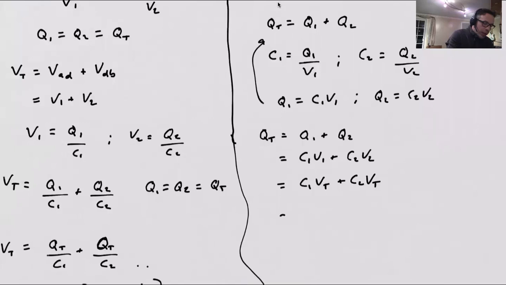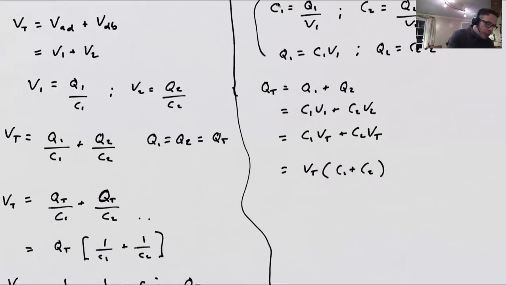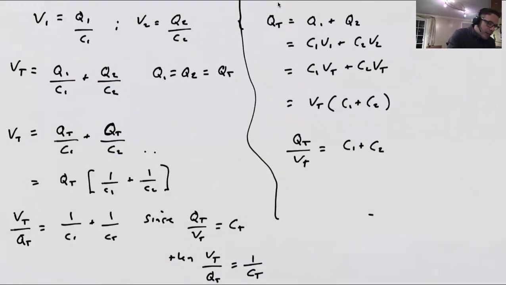And what we get here is we can factor out a V total. Again, we see something very familiar emerging. If I then divide both sides by the total voltage, I see that QT over VT is equal to C1 plus C2. By definition, a ratio of charge to voltage is nothing more than a capacitance. So the total charge over the total voltage is the total capacitance.